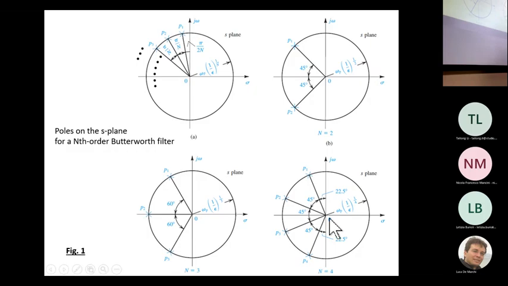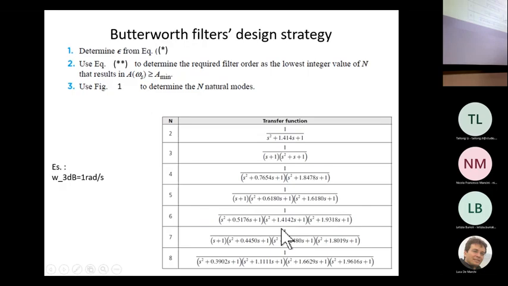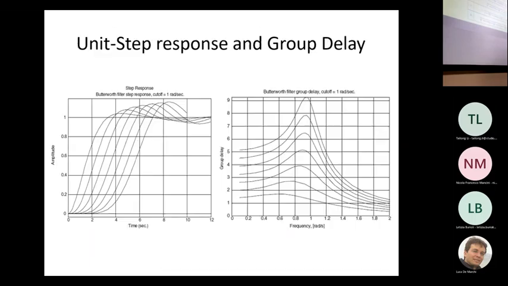Otherwise, you have just conjugate pairs. This is an example of the construction of a Butterworth filter for a cutoff frequency equal to 1 radian per second. Again, there are 3 basic steps: find epsilon, find the order, and finally use the geometrical construction to determine the pole positions. This is the strategy to design Butterworth filters.